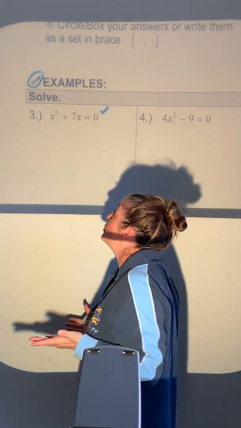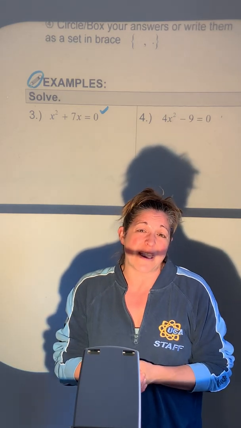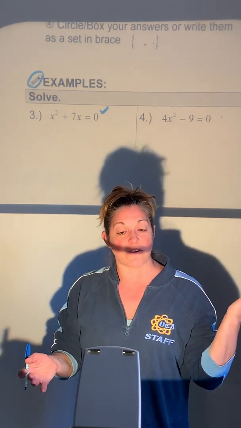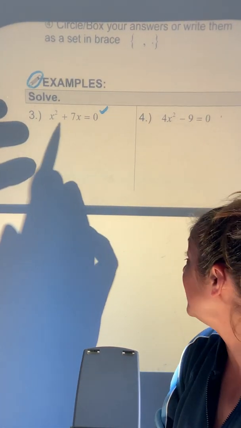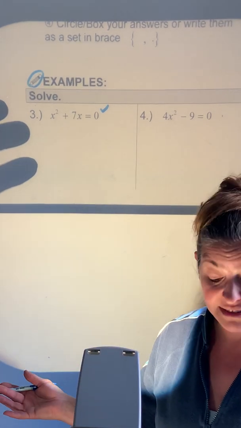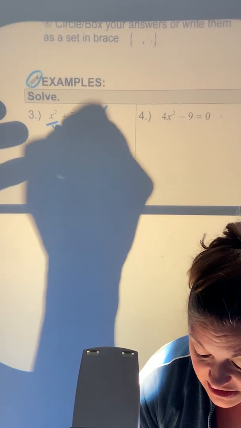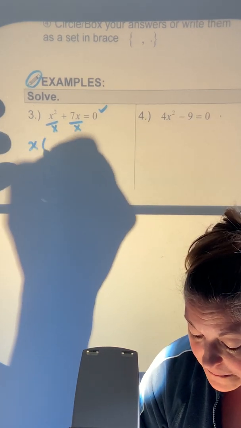When you only have 2 terms, let's look for a GCF. Let me look at each of these terms and see, do they have anything in common? Notice that they both have an x. So I'm going to divide out that x and put it out in front.